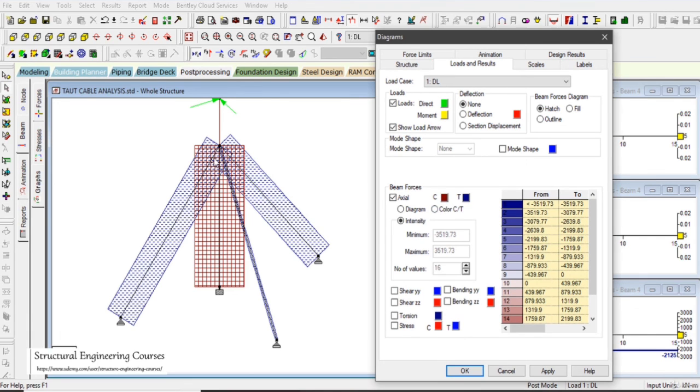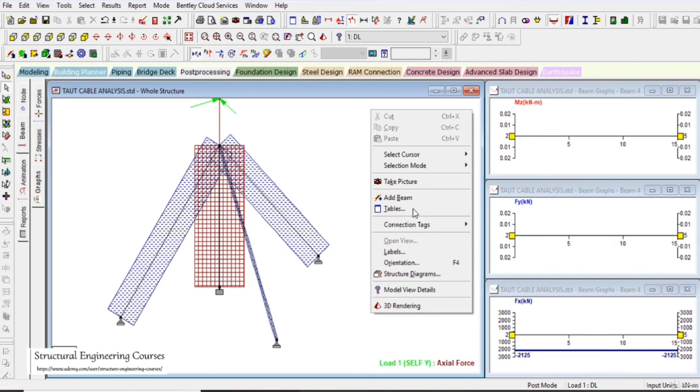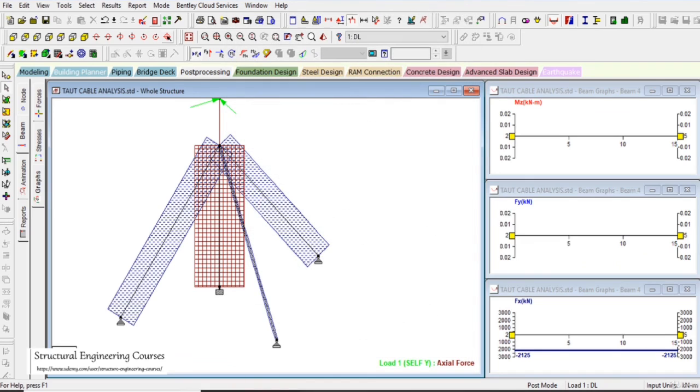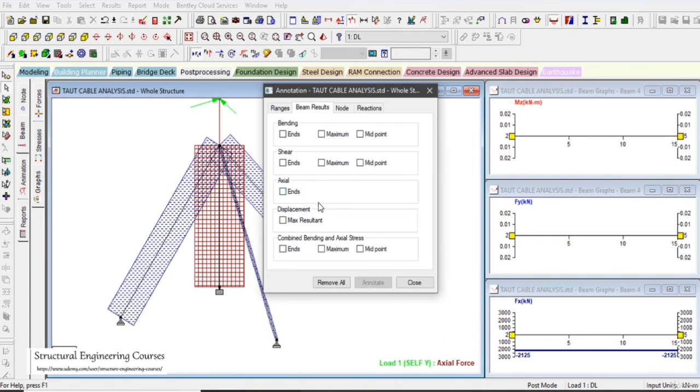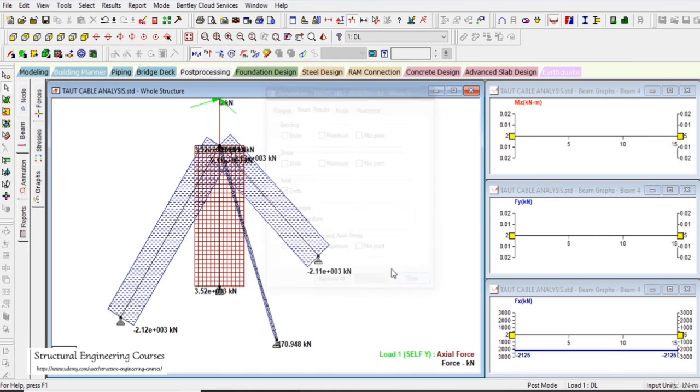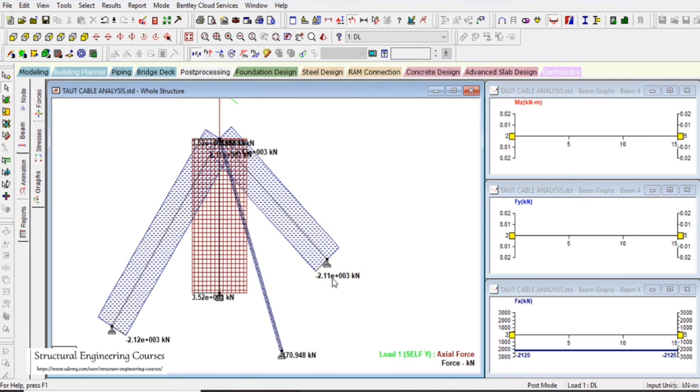So basically this member is getting compressive force here, and these members are getting the maximum tensile forces here. We can also go to results, view value, beam results, and axial ends, and annotate. So here we can see that this is basically 2110, and this is nothing but 2120 kilonewton.